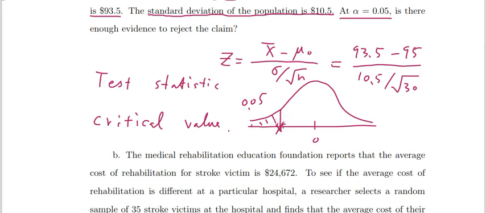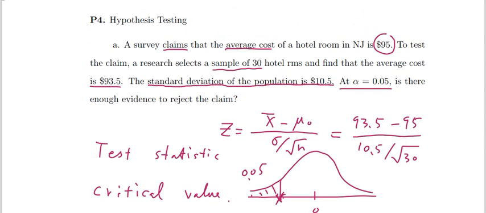So we can compare the critical value and the test statistic and make a decision. So here's one tail or two tail. We say what we're talking about: we're talking about the cost. So cost is one tail, right?